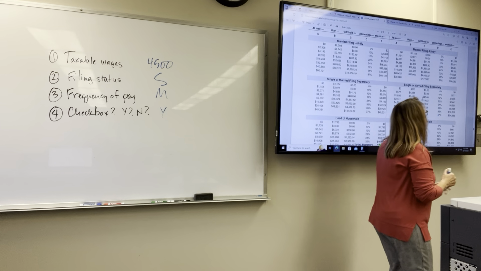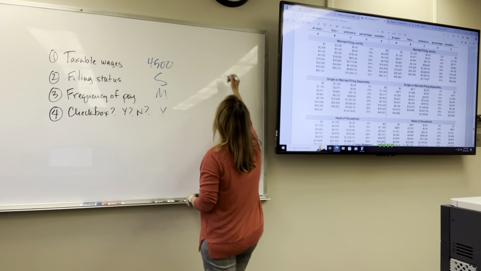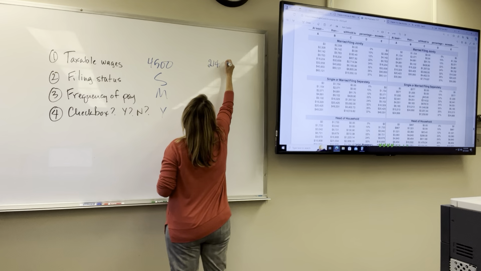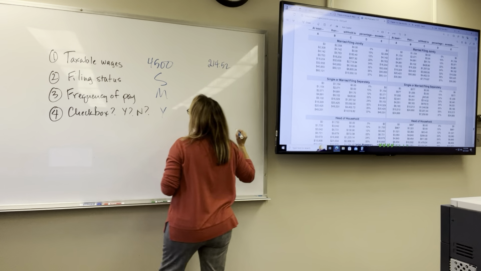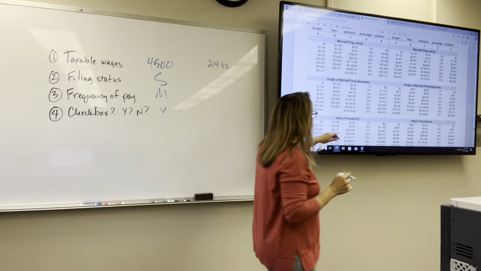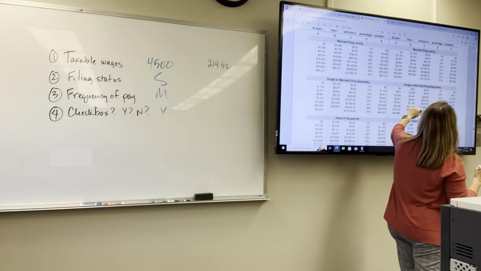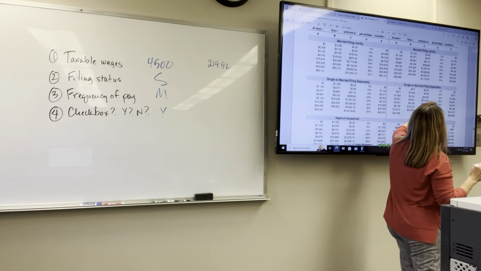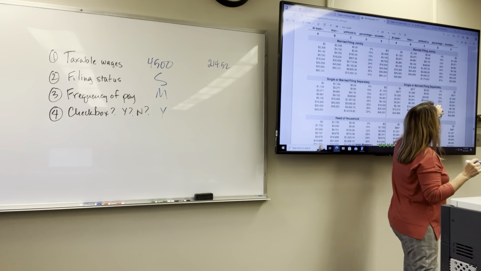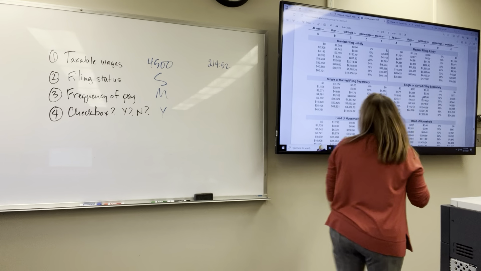So our tentative amount is 214.52. Okay. Then 22% of the amount over 2,441.